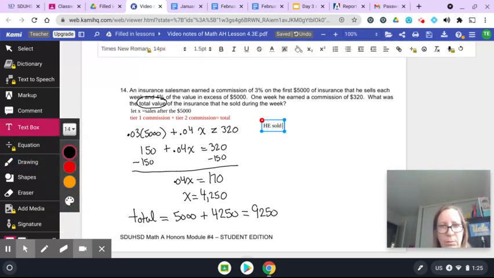He sold $9,250 worth of insurance in a week.